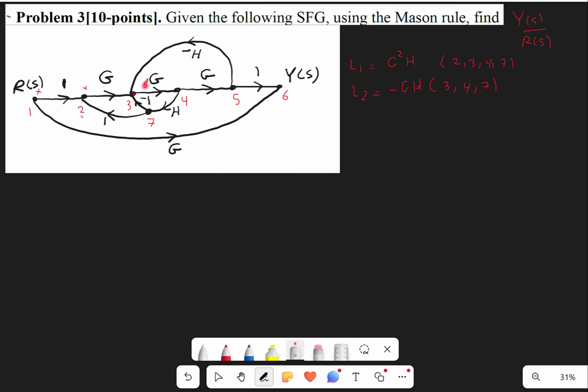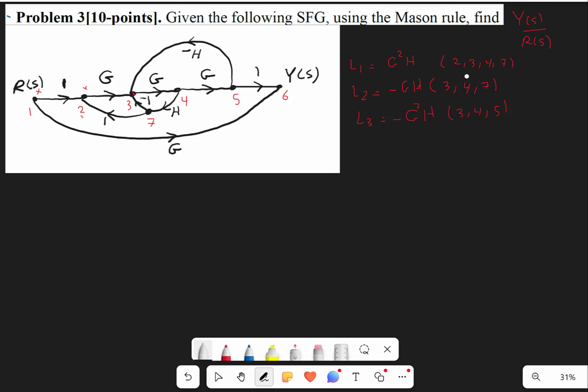If we examine again, we have also another loop here. If we write the loop gain L3, this will equal minus G squared H, and the shaded nodes are 3, 4, and 5.